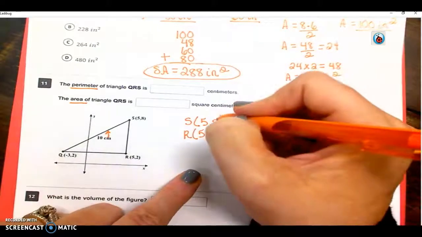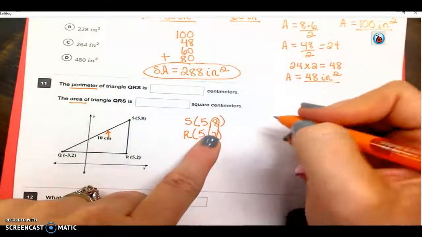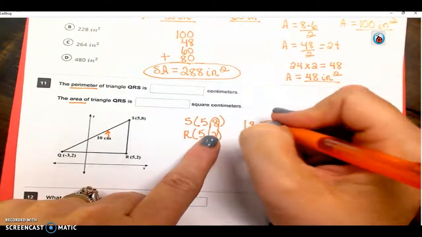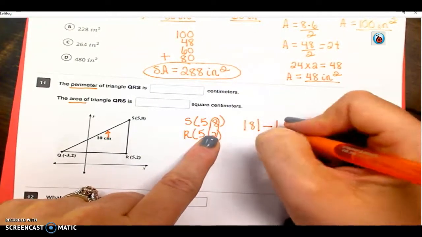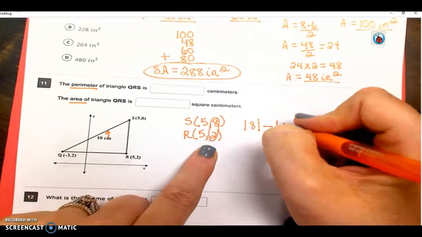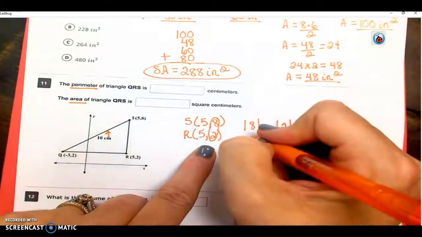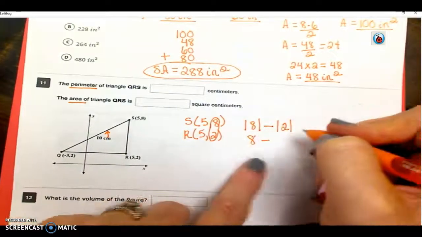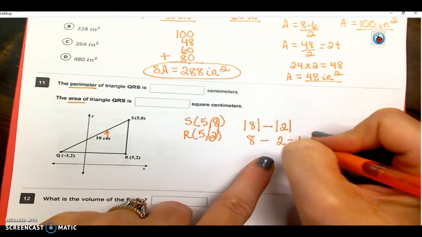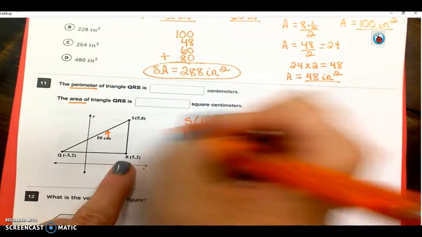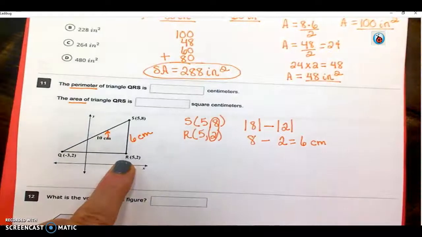So these are the two that we want to focus on. I want the absolute value of 8. Remember, we're going to subtract the absolute value. So 2 is our other one. The absolute value of 8 is 8 minus the absolute value of 2, which is 2, would equal 6 centimeters. So we know that this side length is going to be 6 centimeters.